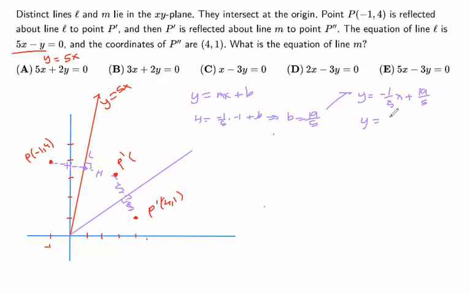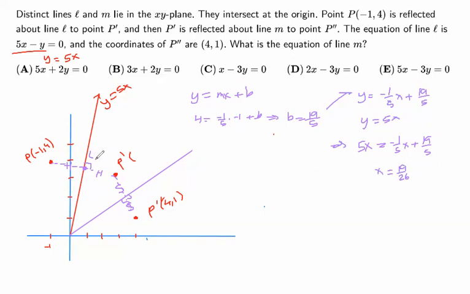We know y equals 5x. So from there, you can say 5x equals -1 over 5 x plus 19 over 5. Add this to both sides, you get 1 over 5 on the left side, which is 26 over 5. The 5s will cancel, so you will get x equals 19 over 26. Okay, it's not a perfect number, but it's fine.